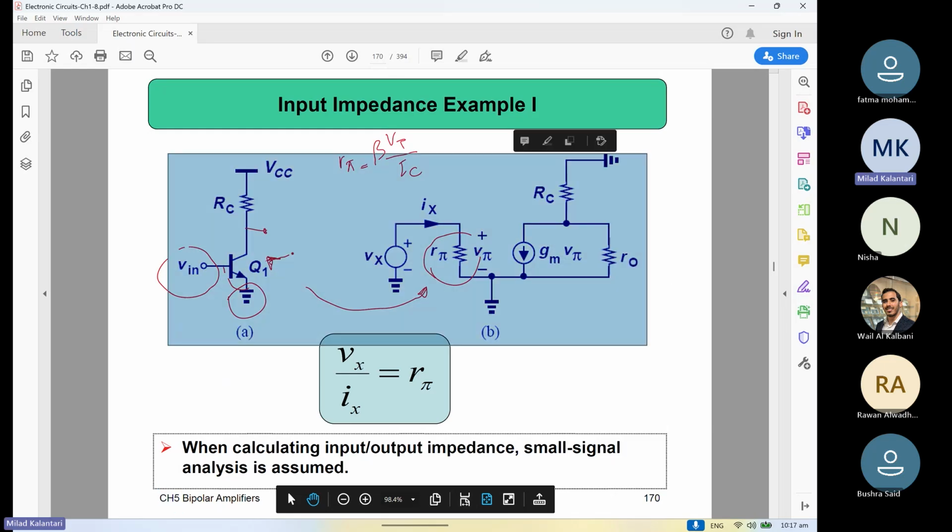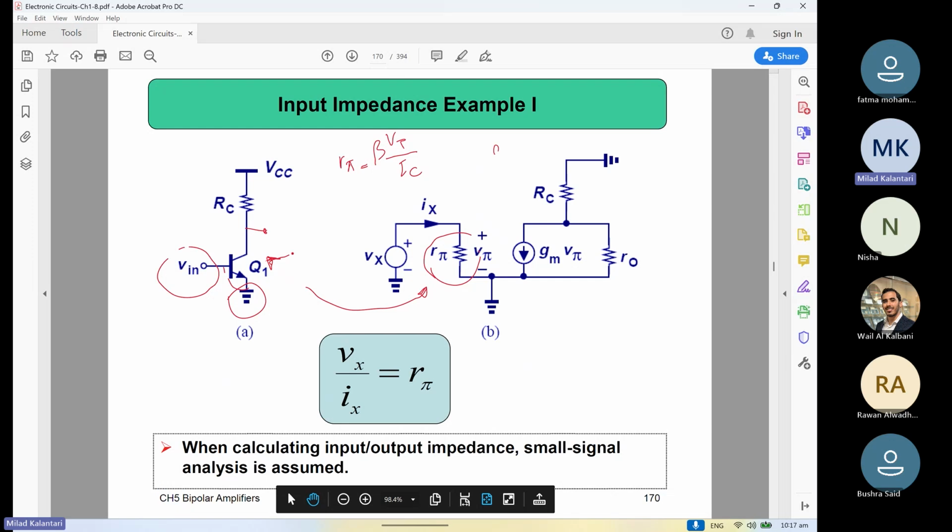So for the BJT device, everything comes from the gm, and gm is just IC over VT. And r pi can also be written in terms of gm, because it is the inverse of gm, but with a beta factor if you want to memorize it, right?